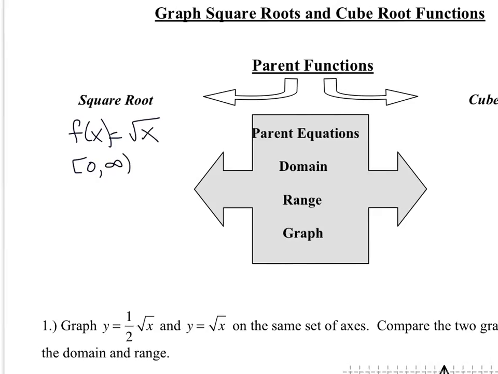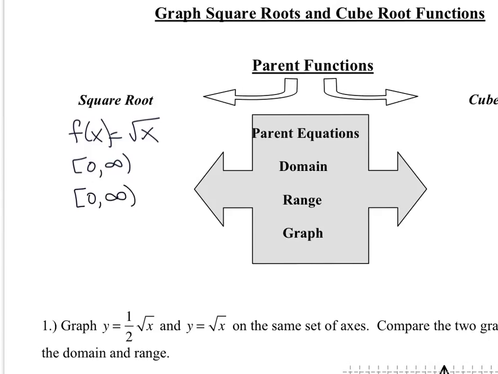Now keep in mind, this is the domain and range of the graph of only the parent function. We're going to be translating them here in just a minute. And the range, well, 0 is the smallest x value we can have, and we plug 0 in, take the square root of 0, so the smallest y value is also 0.